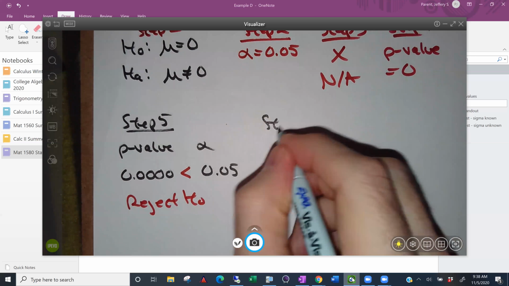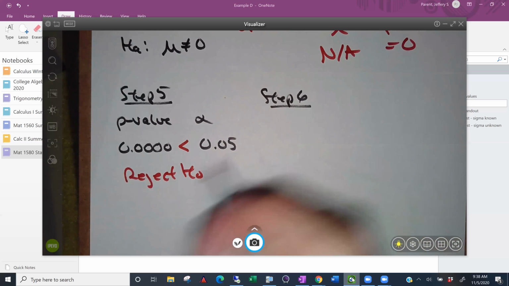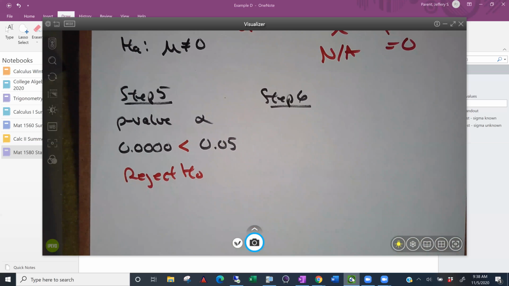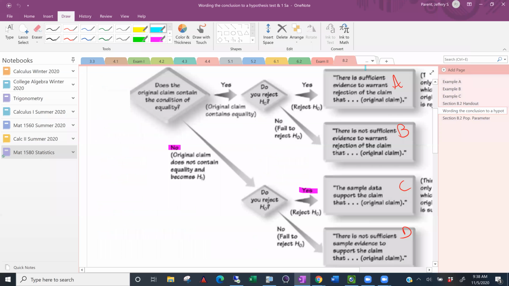And then step 6, we want to state our conclusion in words. For that, I gave you a little bit of a handout last time. Let me see if I can find that for us real quick. Yeah, here we go. This is what we're going to use to word the conclusions from our hypothesis. Does the original claim contain the condition of equality?